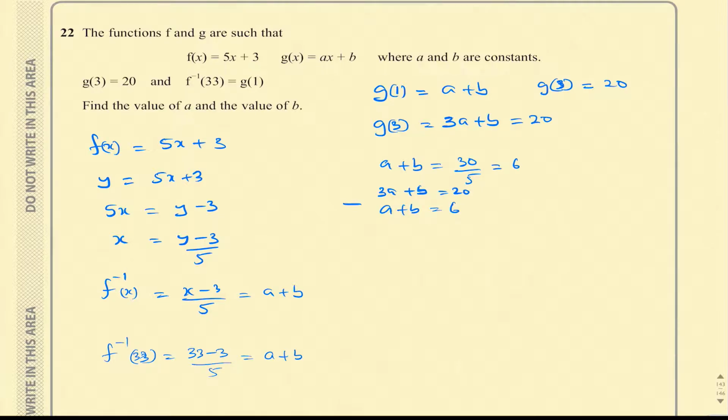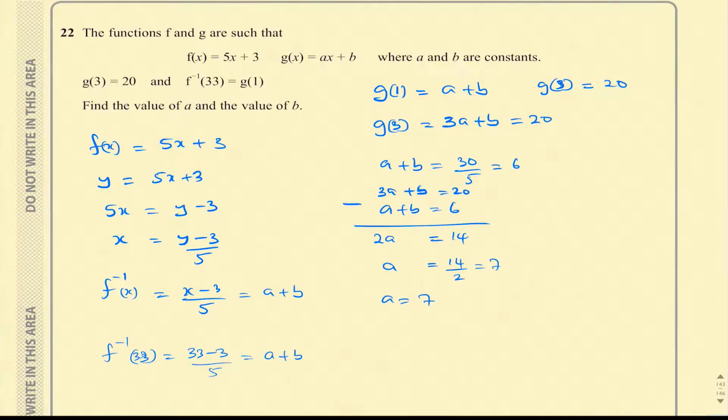So if I subtract one from the other, I will get 2a equals 14. Divide both sides by 2, a equals 14 over 2, which is 7. So a equals 7.